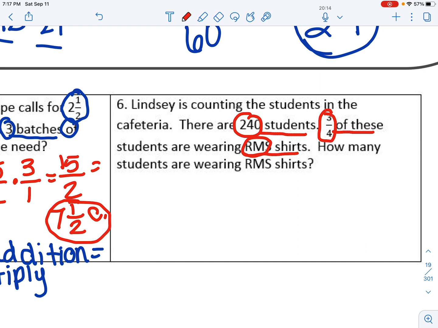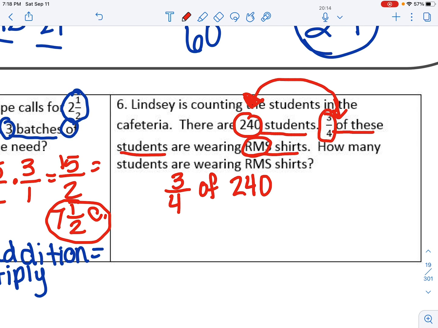Okay, there's my of. Remember, of means to multiply. And it says of these students. But of what students? Oh, of 240 students. So I'm going to have 3/4 of 240 students.